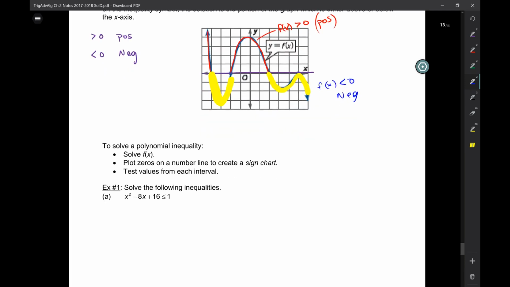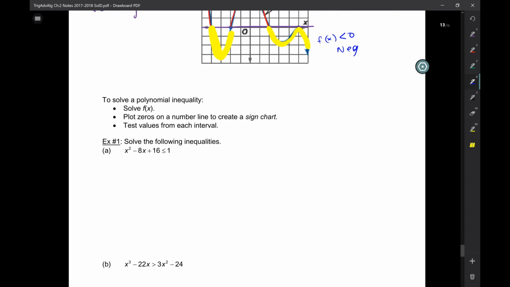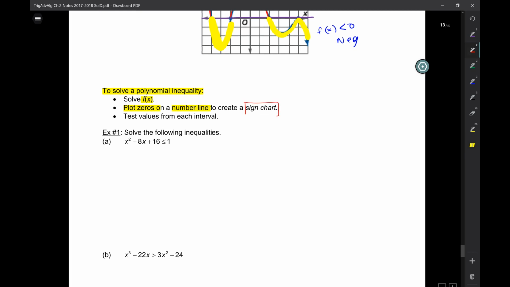Okay? All right. Let's get into more practical things. What does that mean for us? Well, to solve a polynomial inequality, we're going to solve f of x. We're going to plot the zeros on the number line, and we create what is called a sign chart, one of my favorite things in the world.